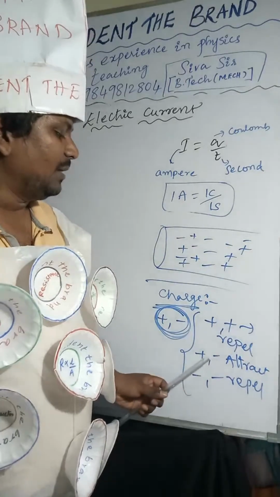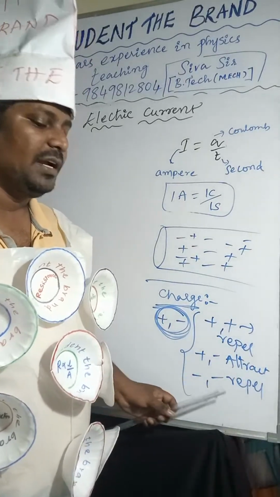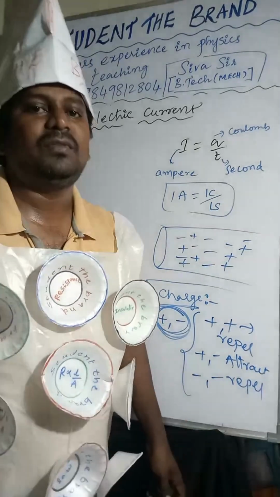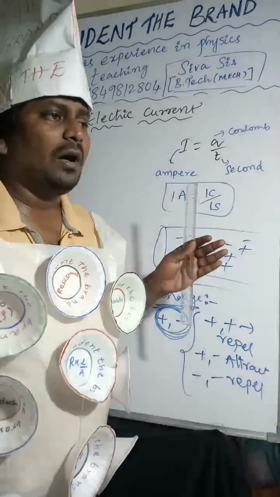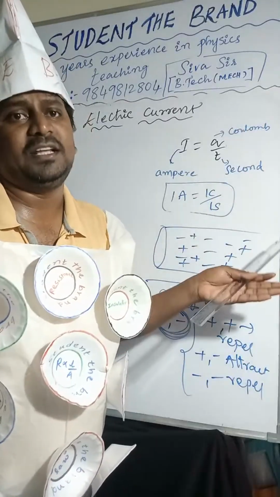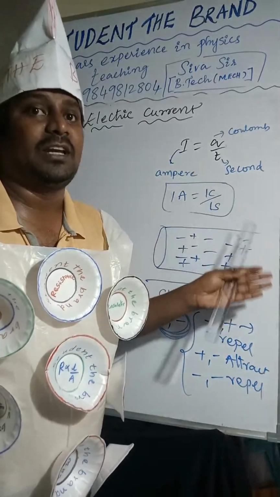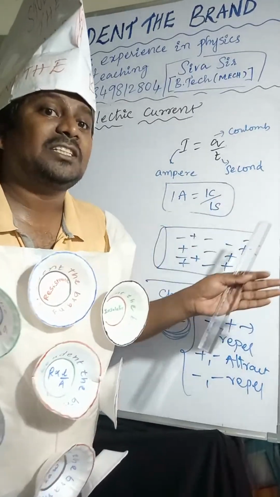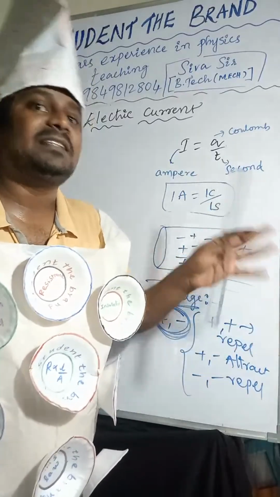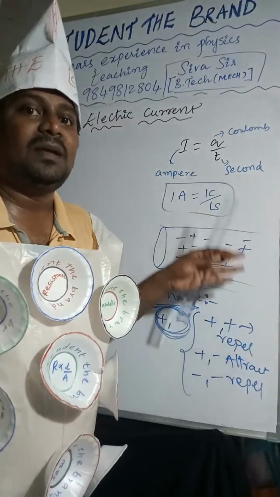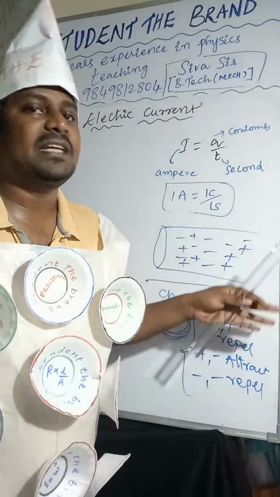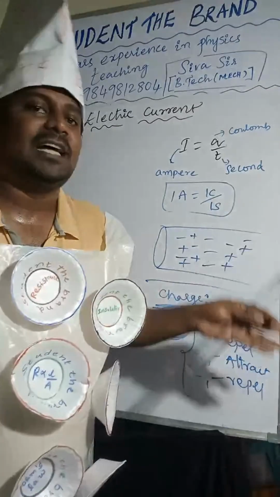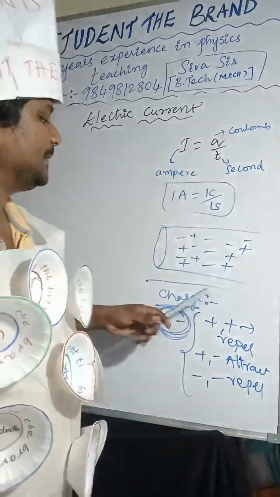So by this we can understand one thing: similar charges will repel each other, dissimilar charges will attract each other. So that is the reason.